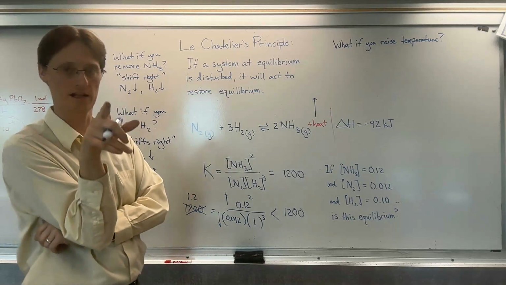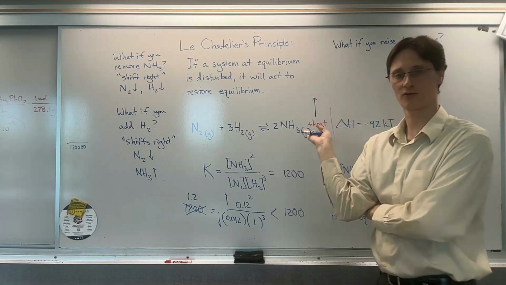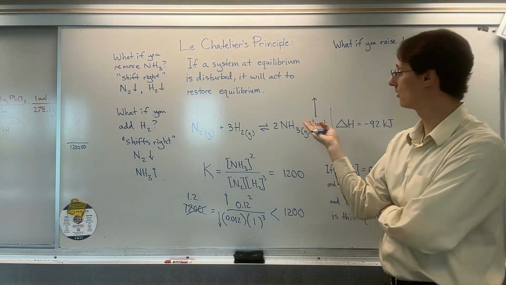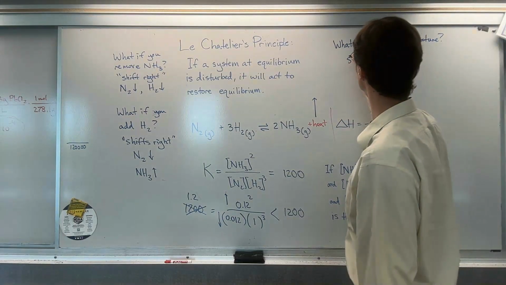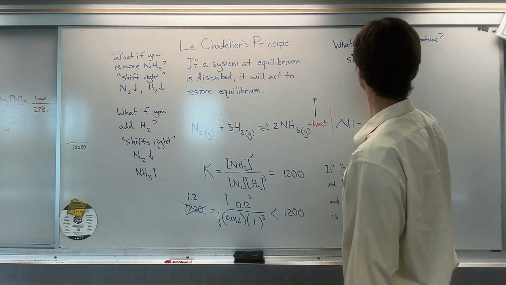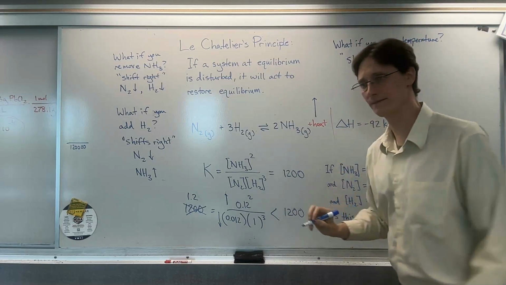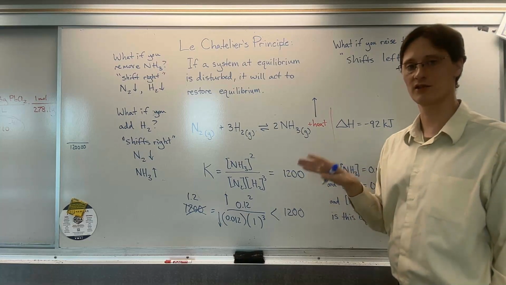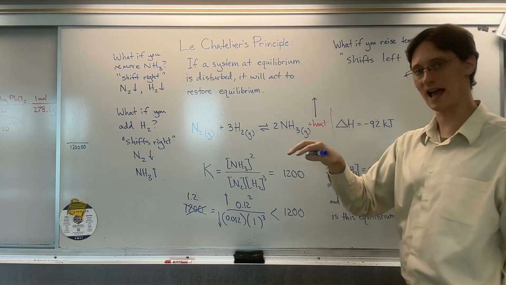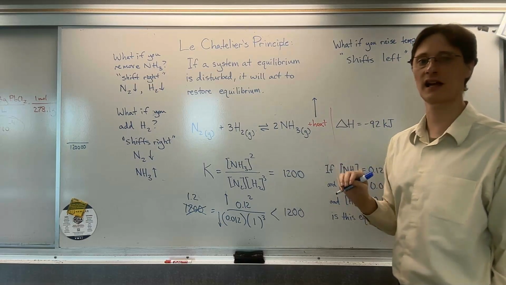Okay, so now that you've thought about it, adding extra stuff on the right side would shift the equilibrium to the left. All right, which is consistent with everything else that we've said about how Le Chatelier's principle works. If I add something, the system will try to remove the excess that I have added.